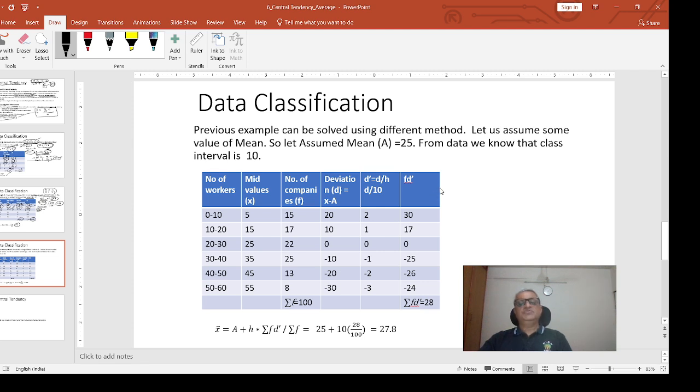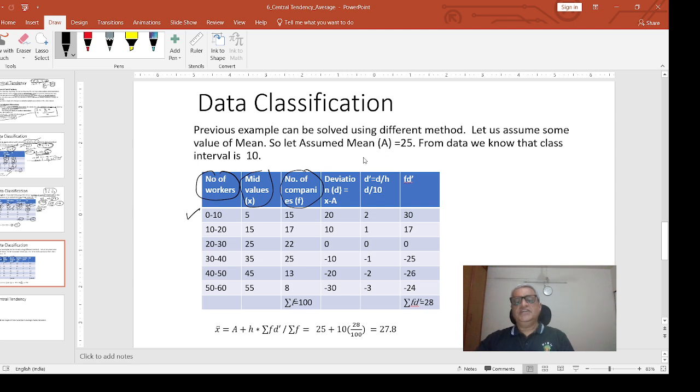The same problem can be solved in a different way, and let's see how. If you see, my first three columns are similar to whatever we have seen in the previous data, but the calculation of average is a bit different. I am not multiplying 5 by 15. That's the traditional way of calculating, where I get the total number of employees divided by the total number of companies.